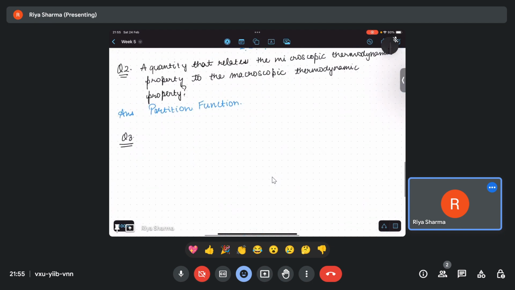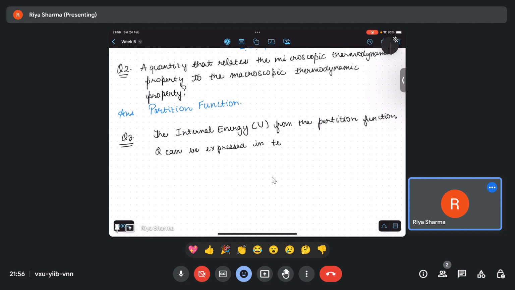So question number 3: the internal energy, which we generally call U, from the partition function Q, can be expressed in terms of kT and Q as.